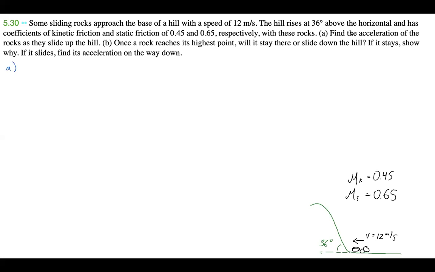So we know that mu k is equal to 0.45, mu s is equal to 0.65, and v is equal to 12 meters per second. So what we want to do is find the acceleration of the rocks as they slide up the hill.